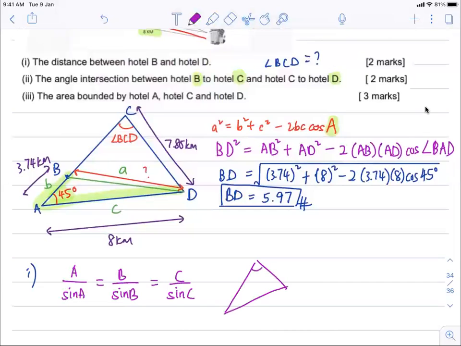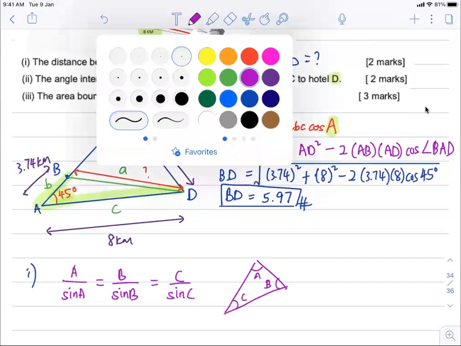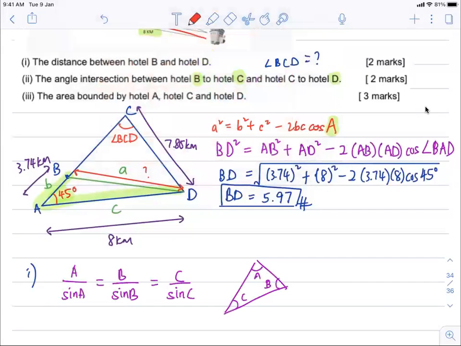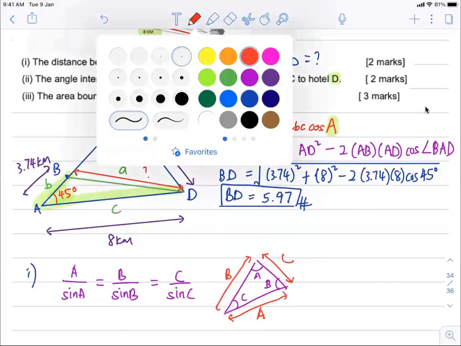This one is angle A, B, C, and then notice for angle C, the side length c. For angle B, the side length would be b, and for angle A, side length a. So we just need to apply this formula to find our angle BCD.